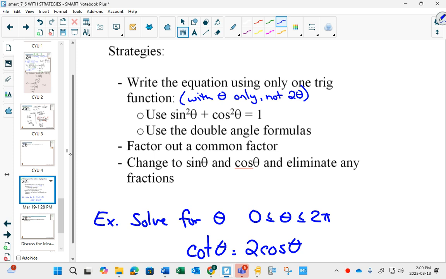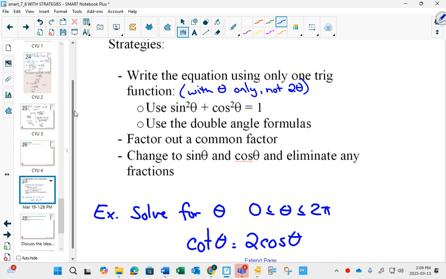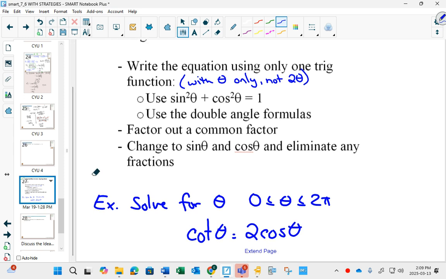So here's our first question. Cotangent theta equals 2 cos theta. First of all, in this one, I want you to notice that it's just theta. There are no double angle identities. I also want you to notice there's nothing squared, so you can't use sine squared plus cos squared equals 1 or any of the Pythagorean identities.